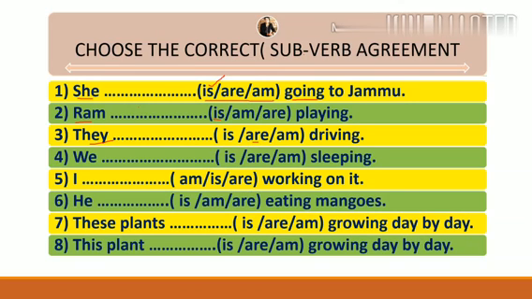In a similar manner, with we, you can make use of are. And when we talk about I, we make use of am. And if we talk about he, we can make use of is. When we talk about these plants, these plants are plural, so here we can make use of are. In a similar manner, with this plant, we can make use of is.